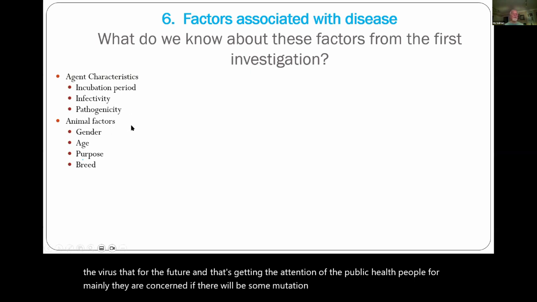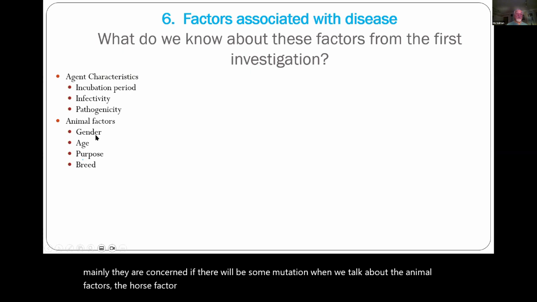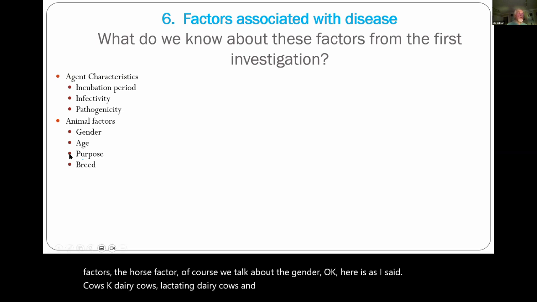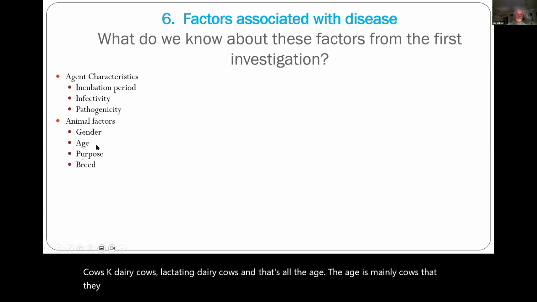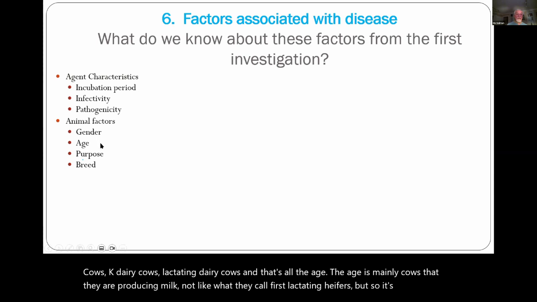When we talk about the animal factors, the host factors, of course, we talk about gender. Here, as I said, it is dairy cows, lactating dairy cows, and that's all. The age is mainly cows that are producing milk, not what they call first-lactation heifers, so it's only adults.